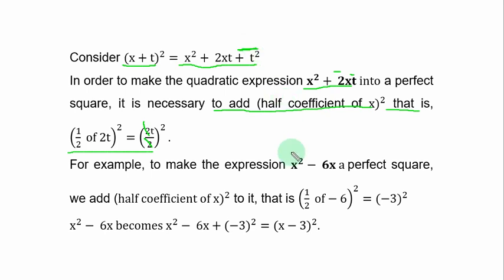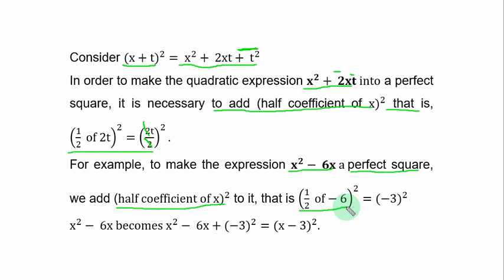For example, to make the expression s squared minus 6s a perfect square, what do you need to add? Half the coefficient of s, all squared, and that is (1/2 of minus 6) squared. Half means 1/2, while minus 6 is the coefficient of s.